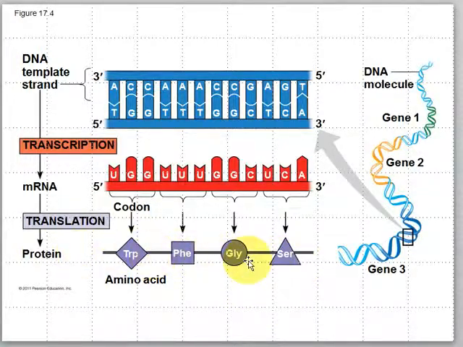Put all of those amino acids together and you've built a chain of amino acids, a polypeptide, which could then be folded or changed to become a protein. So basically we're going from a language here, represented by the 2 types of nucleic acids, to a different language down here, represented by the protein.